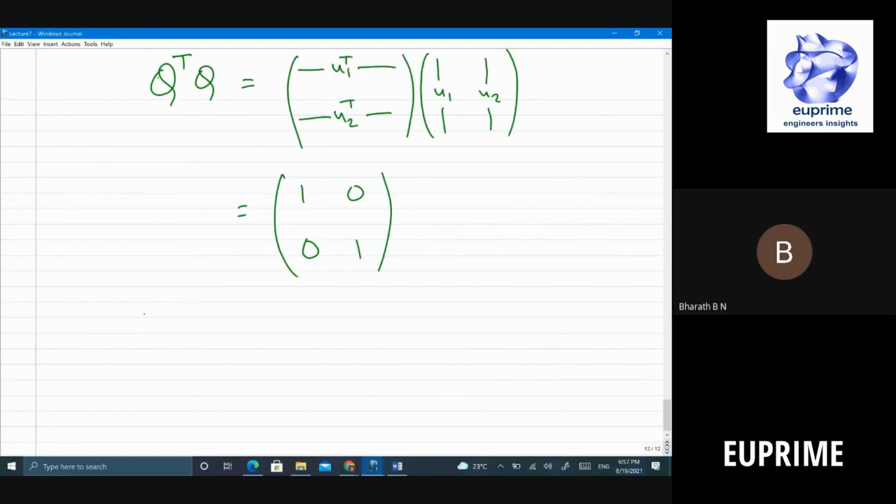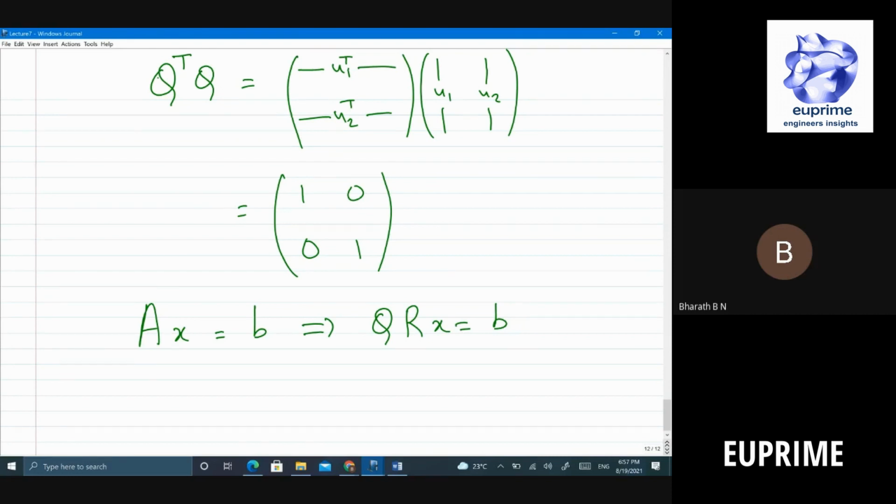is identity. So let me see if I can convince you of the usefulness of this. Suppose I have Q R x equal to b. Now I can multiply by Q transpose on the left hand side.